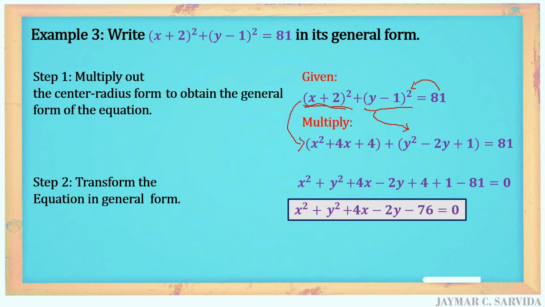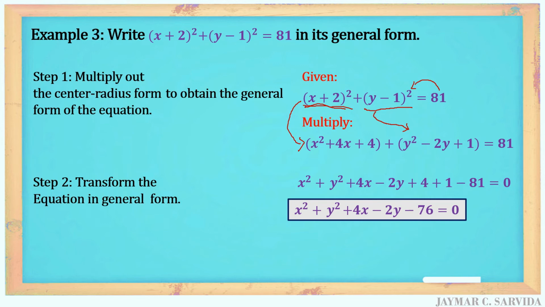Take note na itong ating mga terms na may mga variable, hindi na natin yan pwedeng i-combine kasi they are not similar terms, kaya hindi natin pwedeng i-add or i-minus. Ang pwede lang natin i-add or i-minus dito ay itong ating mga constant. So 4 plus 1 minus 81 is negative 76.